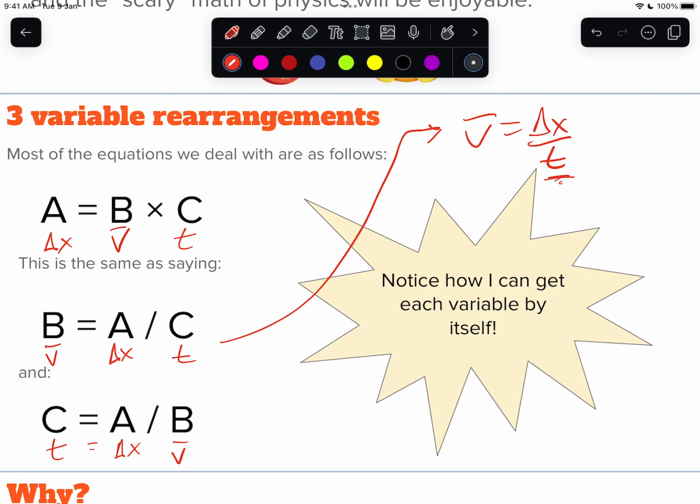You said, okay, well, I multiply t on both sides, the t's cancel out, and then I get this equation right here, where t is equal to change in x over average velocity. And then we also have this one. If I wanted to find the distance with the displacement, I have my change in x is equal to average velocity times time. Okay, so that's why we rearrange these, so that we can solve for different things depending on the information that we have.